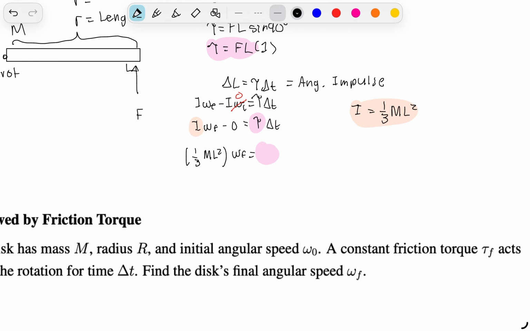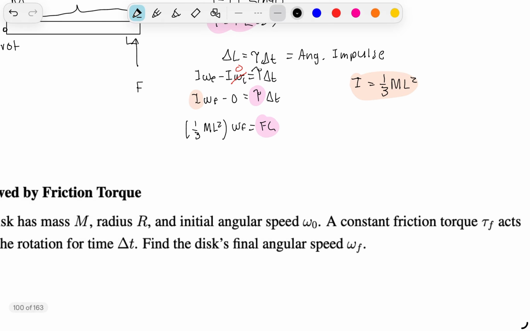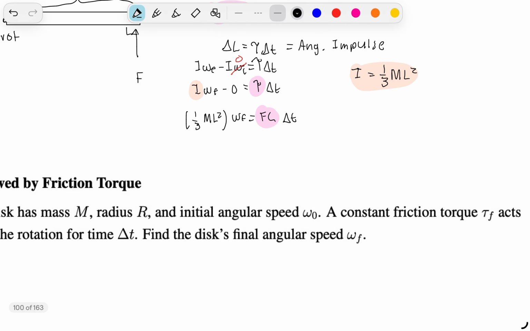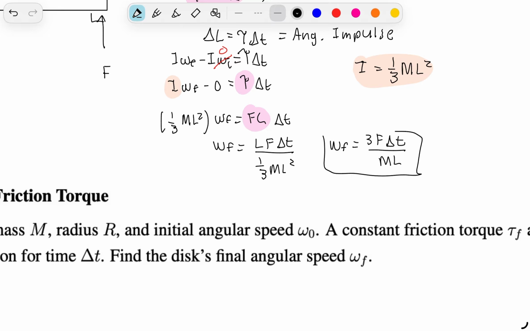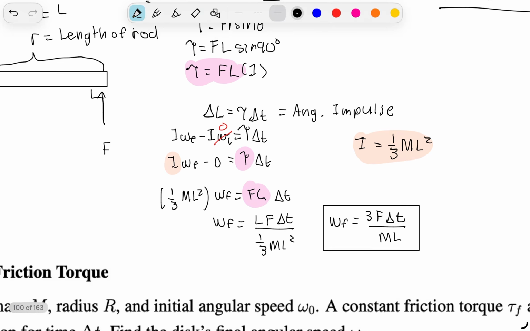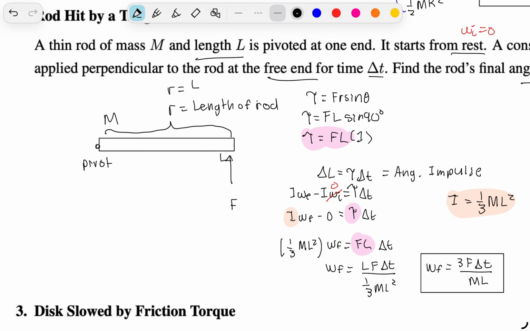So that's going to be your force times the length, and then multiplied by delta t. So we're going to find omega F again. We have that this is equal to LF delta t divided by 1/3 ml squared. So omega final is equal to 3F delta t divided by m times L. That's your final answer.